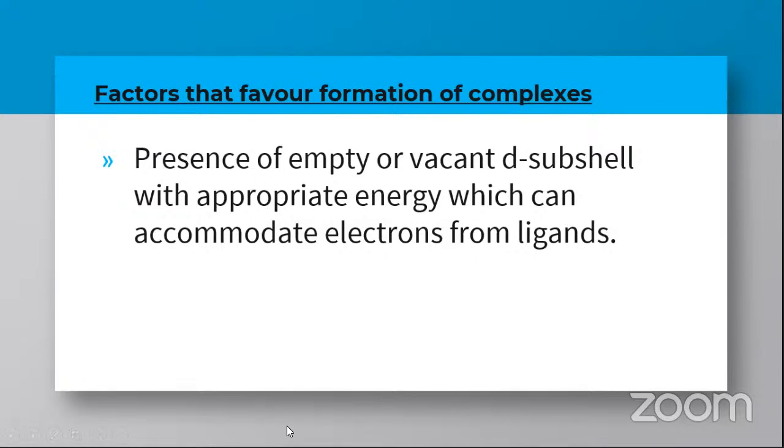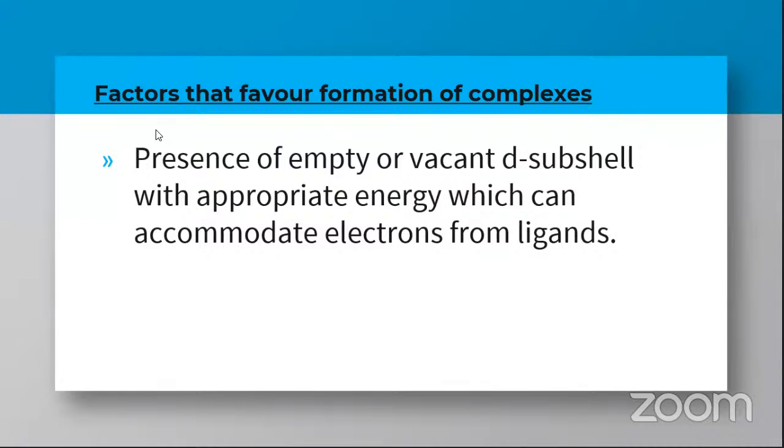So these ligands have lone pairs of electrons, which need to be accommodated within the empty or vacant d subshell. In other words, if an element doesn't have a d subshell which is empty or vacant, then we shall not be able to form complexes.